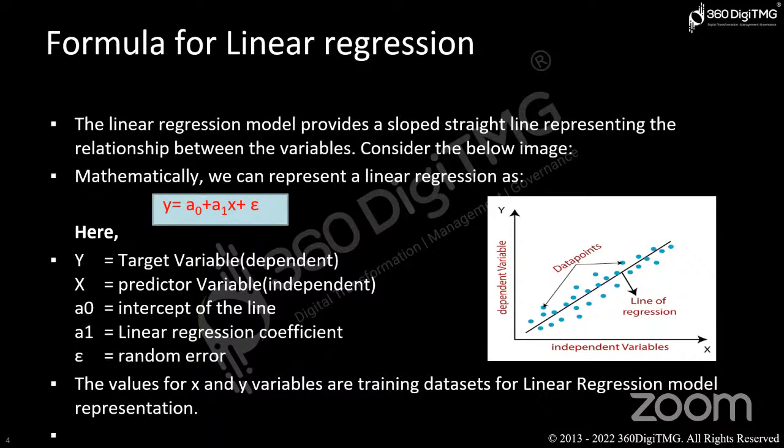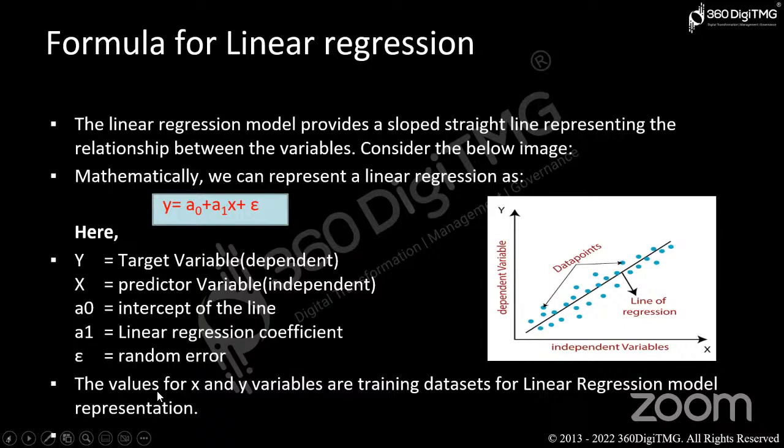In the above, y indicates the target variable, also called the dependent variable, and x is the predictor variable, called the independent variable. a0 is the intercept of the line, a1 is the linear regression coefficient, and epsilon is the random error.